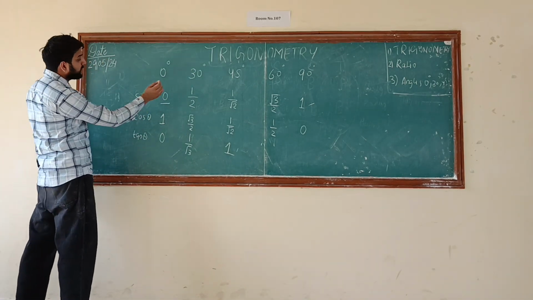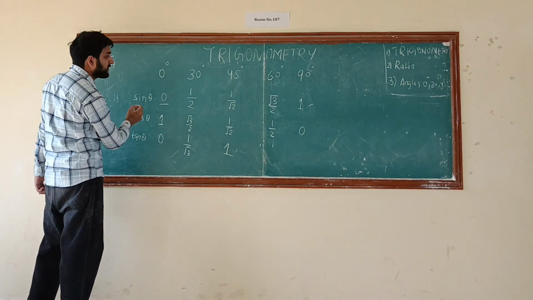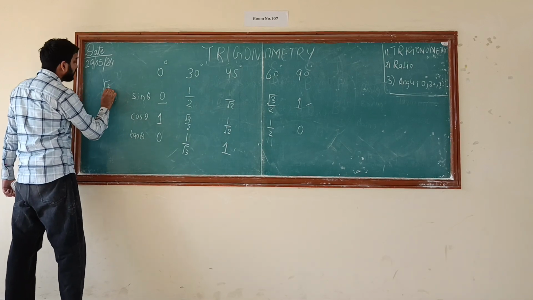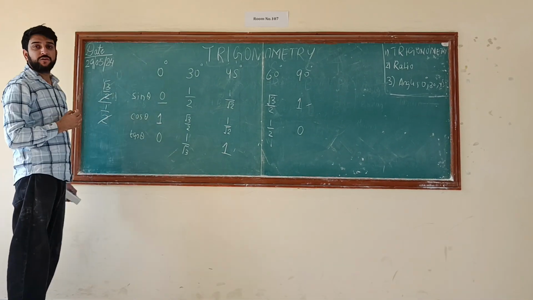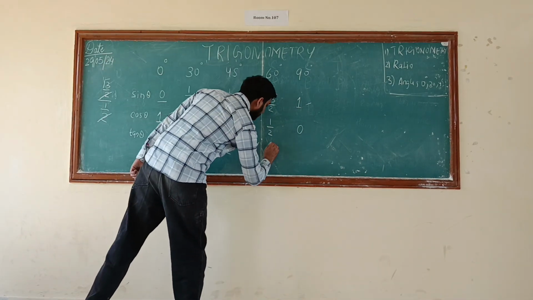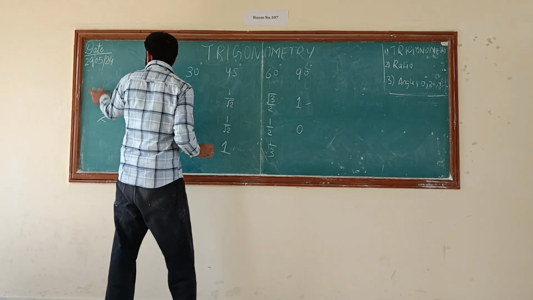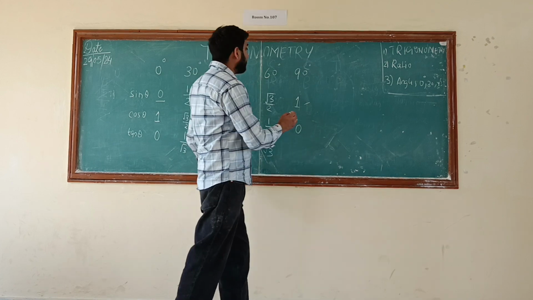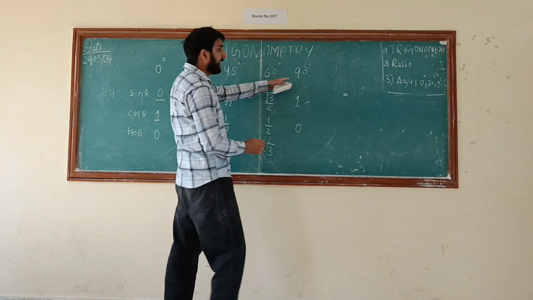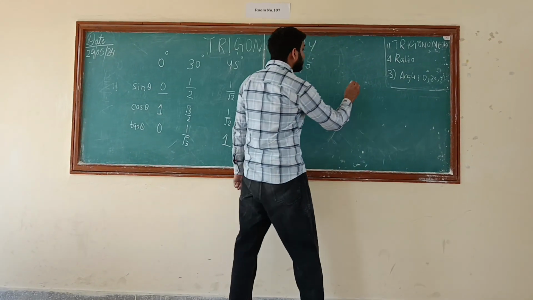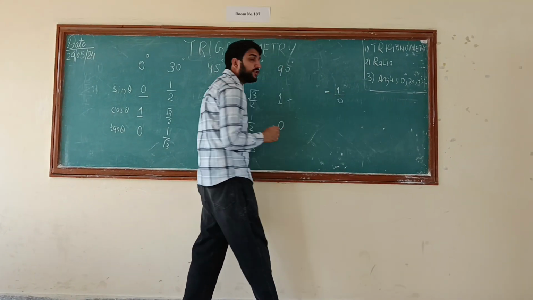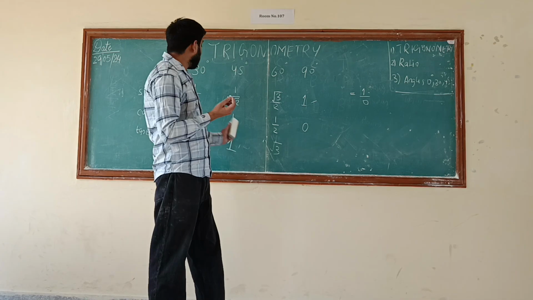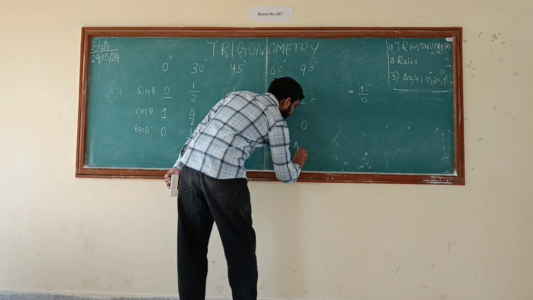We have to solve it, sin 60 degree upon cos 60 degree, that is under root 3 upon 2 upon 1 upon 2. When we solve it, we have the value of under root 3 here. Now we have tan 90 degree, that is sin 90 upon cos 90. Sin 90 is equal to 1 and cos 90 is 0. So we know 1 upon 0 is not defined. So tan 90 is equal to not defined.